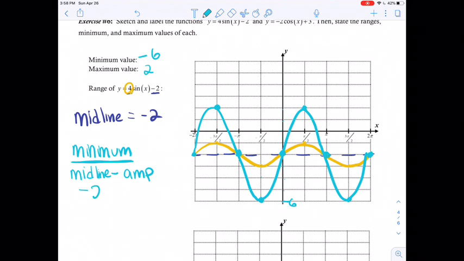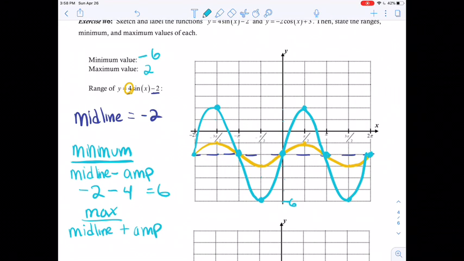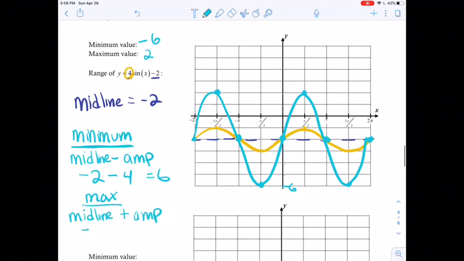We took -2 and we subtracted 4. We went down 4, and we got -6. For your maximum, you can do the midline plus the amplitude. So our midline here was -2, plus our amplitude, which was 4, and we got 2.